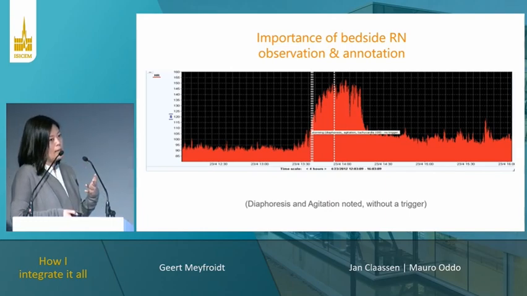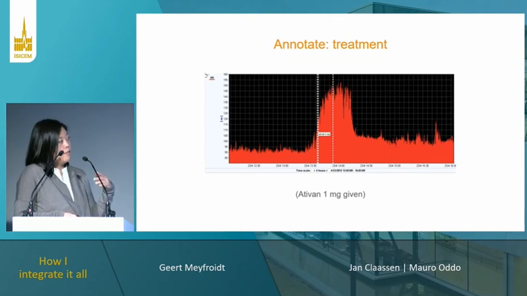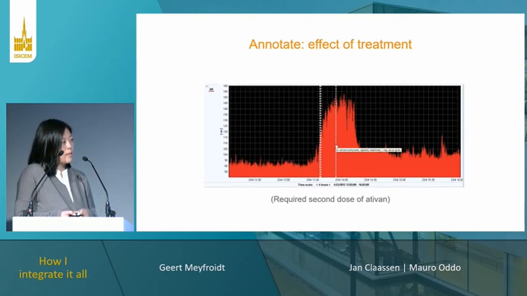And importantly, you might be able to aggregate this with the bedside observation that this also has some clinical syndrome of diaphoresis and agitation, and there was no trigger, it happened very spontaneously. And if you were to annotate also the treatment, you might be able to then pass on to the next shift how you might treat this in the future, what medication actually worked.